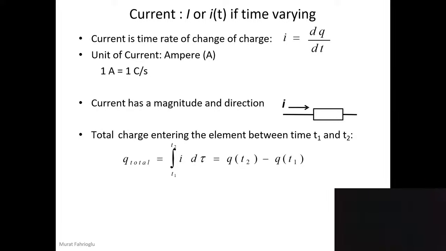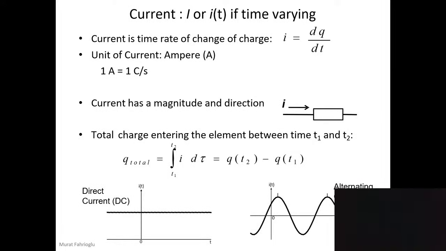The total charge Q is nothing but the integration of the current with respect to time, with upper limit t2 and lower limit t1, of i d tau. In terms of charge, it will be q of t2 minus q of t1.